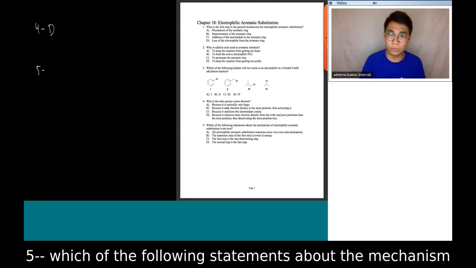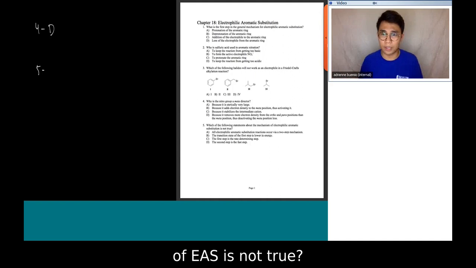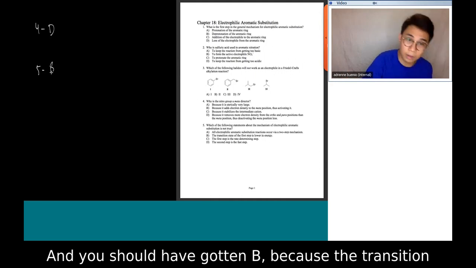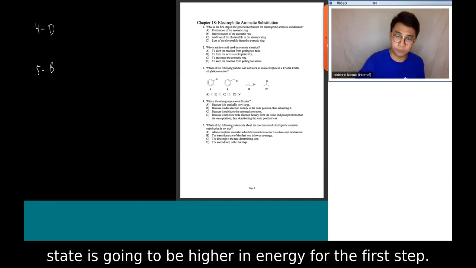5, which of the following statements about the mechanism of EAS is not true? So this one is also a good concept question, and you should have gone B because the transition state is going to be higher in energy for the first step.